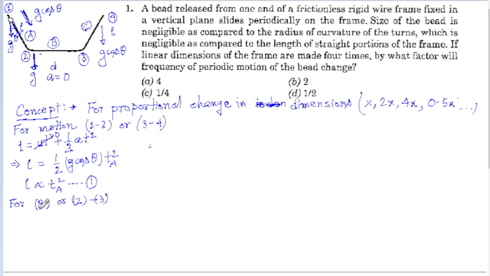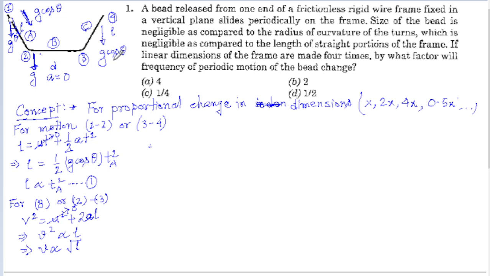We can use the kinematic equation v square equal to u square plus 2aL. If we take the initial velocity as 0, we can say v square is proportional to L, or v is proportional to root L. This is happening during the segment 1 to 2, for the segment B.